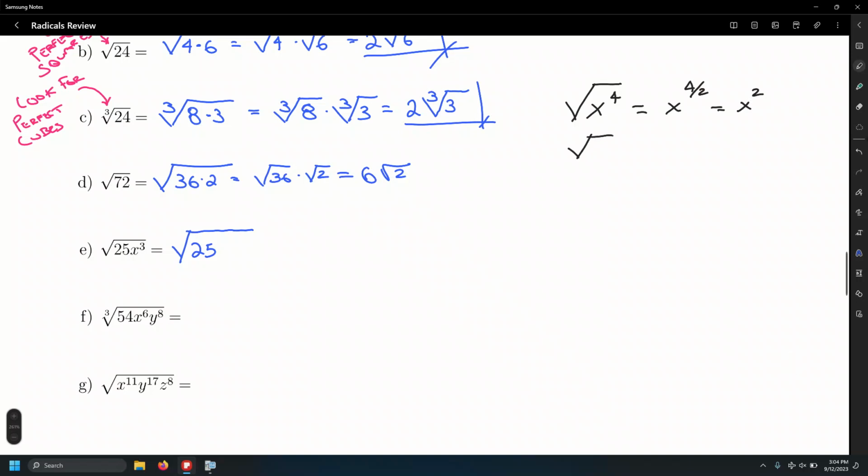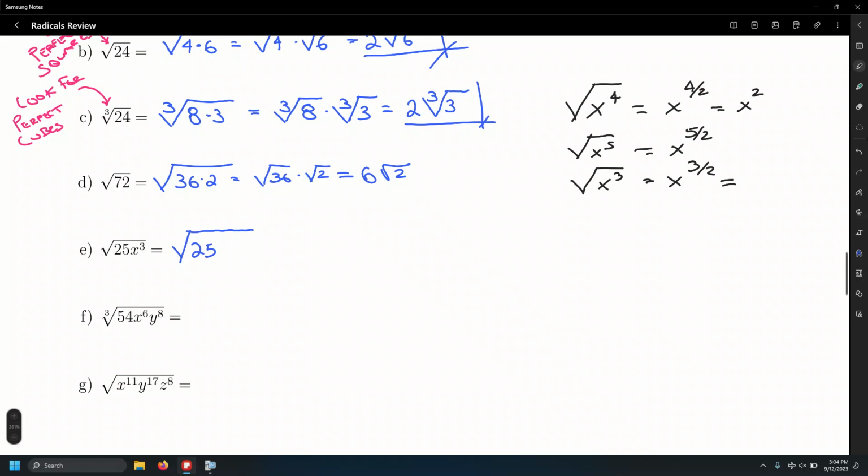But what about x to the 5th power? That is x to the 5 over 2. In this case, 5 doesn't go into 2 evenly, so x to the 5th is not a perfect square. How about x to the 3rd power? That is x to the 3 over 2, and because 3 doesn't go into 2 evenly, it's not a perfect square.